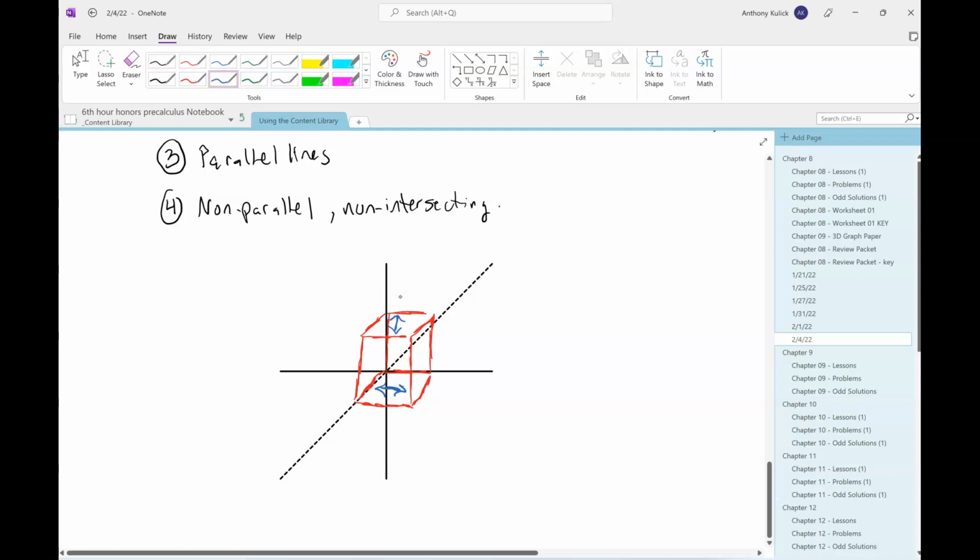Clearly, these two lines aren't parallel because there's not a single plane that captures both lines. Everybody agree with that? But they're also not intersecting at all either because they're in two separate planes and they're contained wholly in those two separate planes. Does that feel okay there? So there's actually four different outcomes we can have.